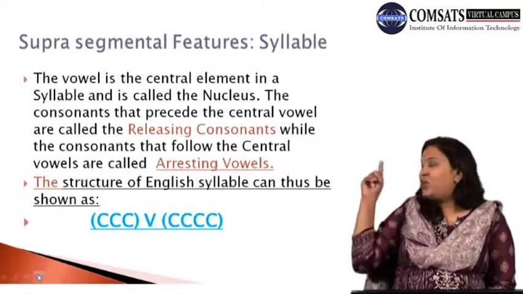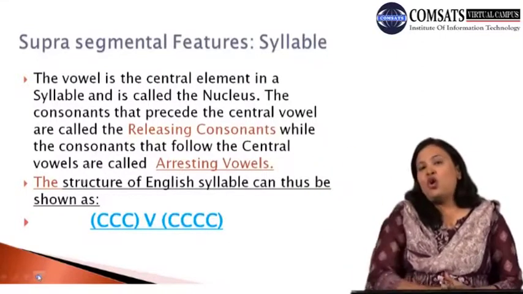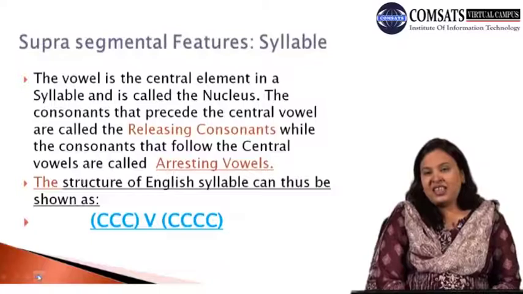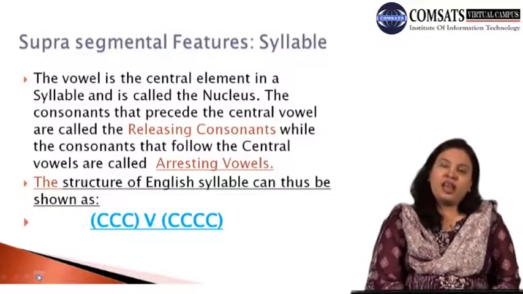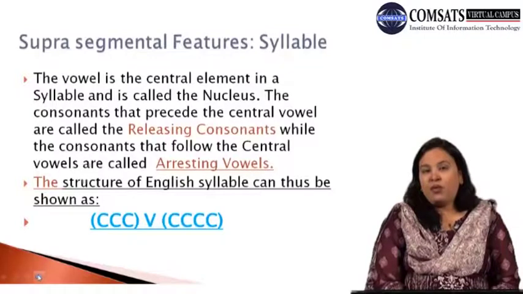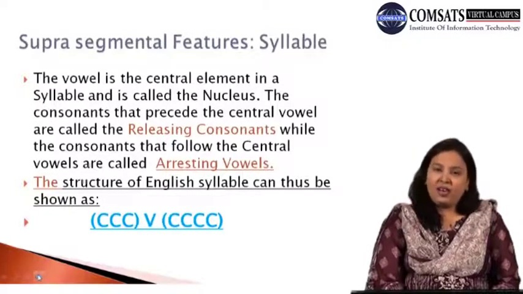In the English language, this is the proper structure of the syllable. That is C, C, C, V, C, C, C, C. At the initial place, the maximum number of consonants can be 3. At the final stage, the coda position, the maximum number of consonants can be 4. And in between is the vowel, which is the obligatory part.